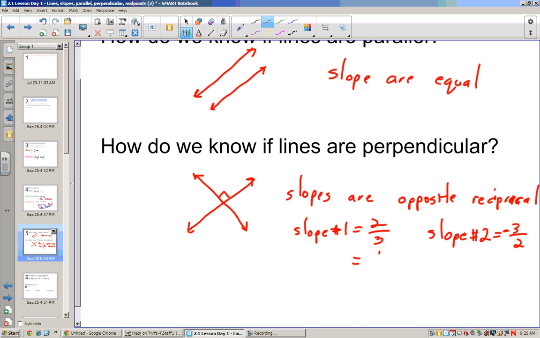Slope number 1, if it's 1/5, my slope number 2 would be -5/1, which is just -5. Or if my slope number 1 is -7, the negative of a negative is a positive, and since this is like 7/1, this should be positive 1/7. So that is the relationship between slopes if the lines are perpendicular or cross at 90 degrees.